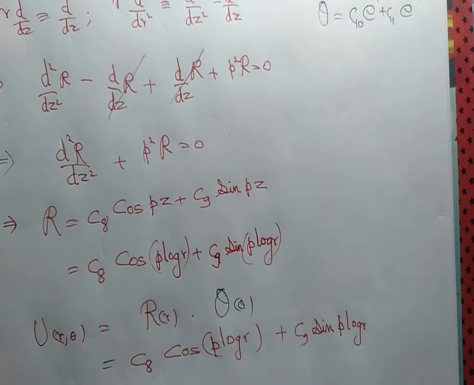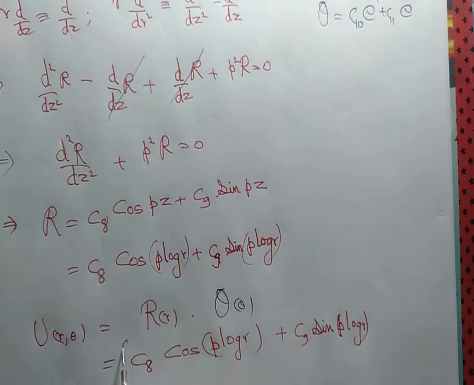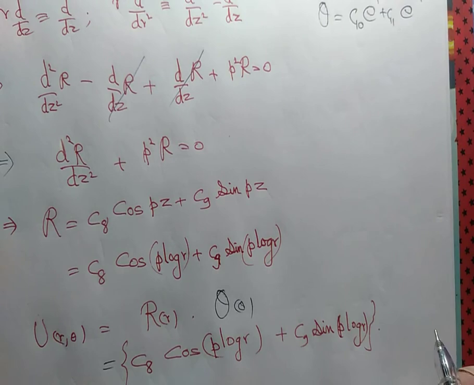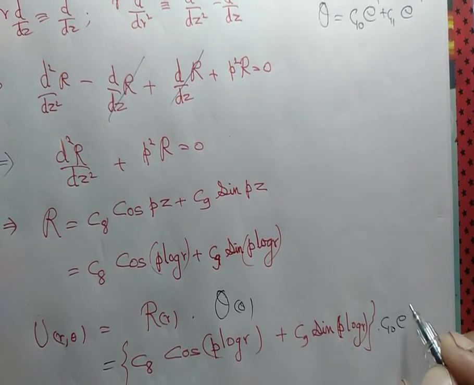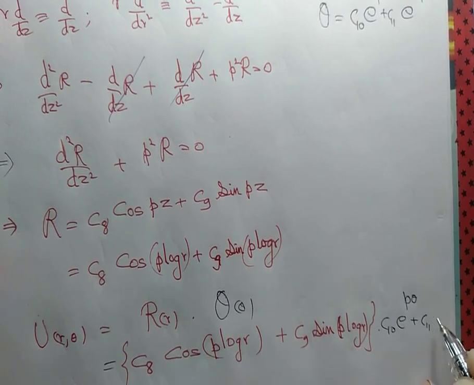It's better to keep it in bracket. Whole thing into C10 e to the power p theta plus C11 e to the power minus p theta.